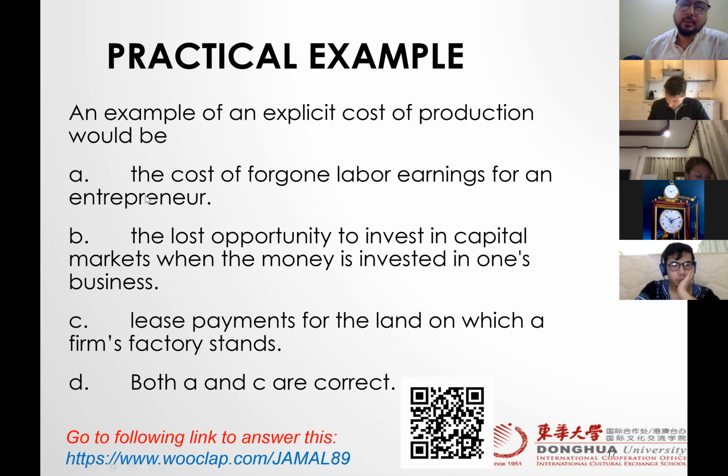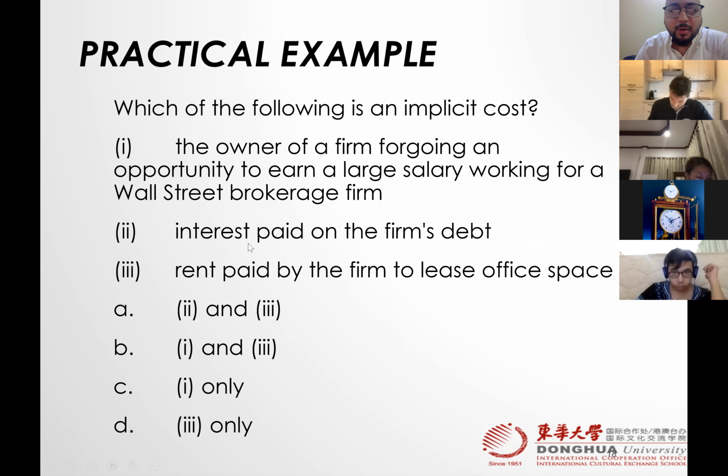Because A, foregone labor earnings, right? Lost opportunity. So this is just implicit. Well done. What about this, Piranan? Which of the following is an implicit cost? Only the first one. C only. C. Well done.